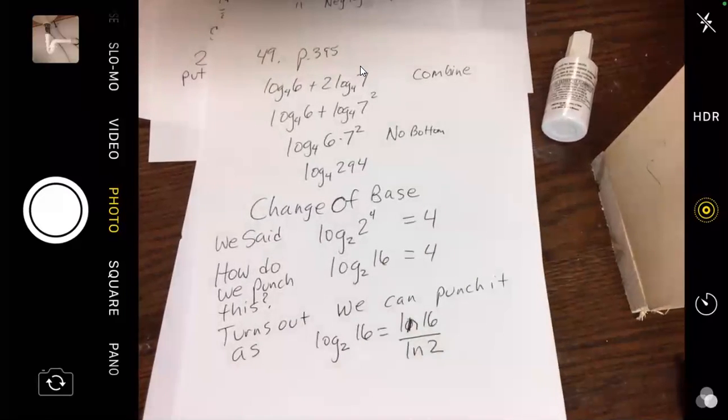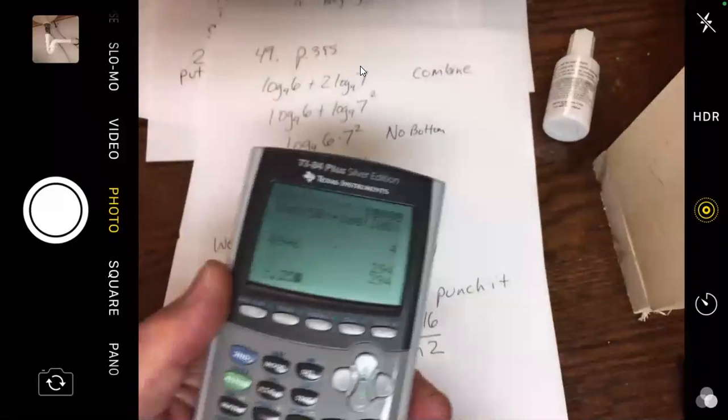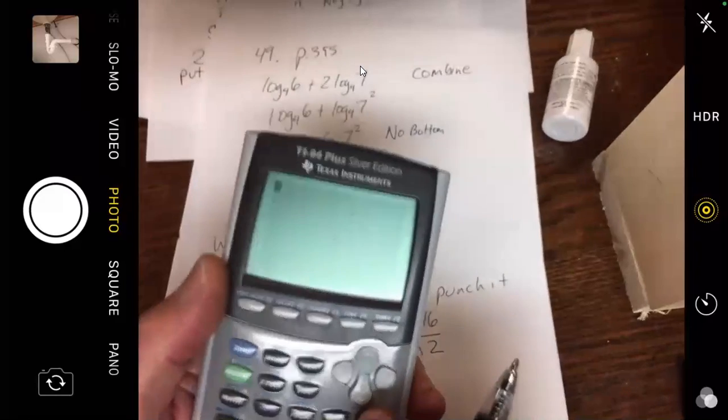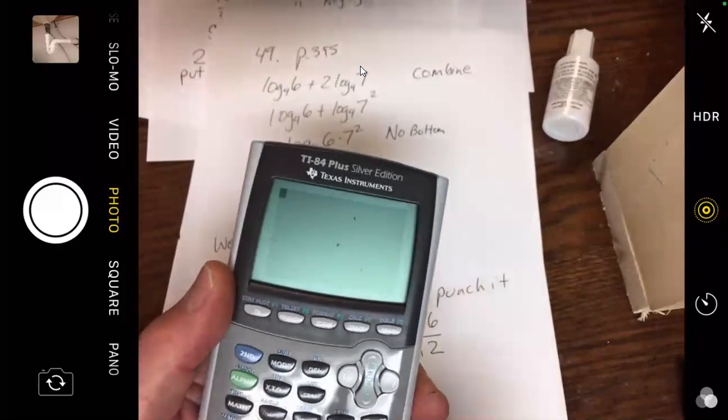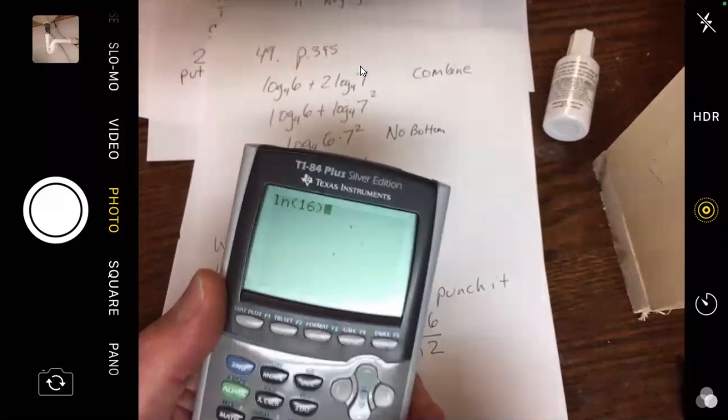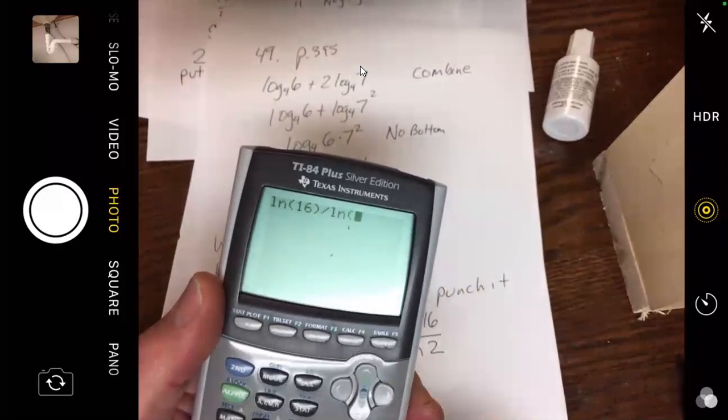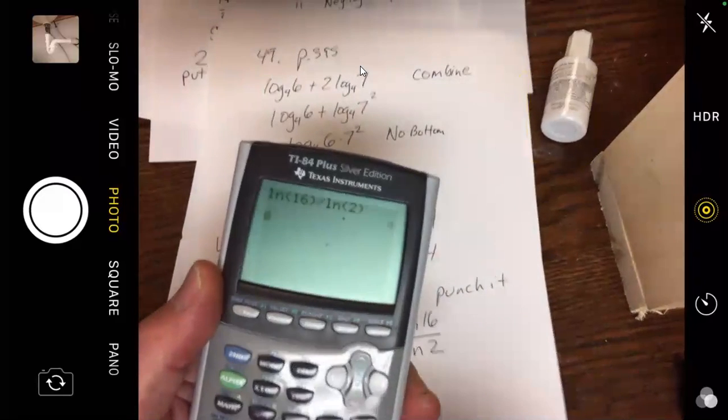So I'm going to punch it. If we don't get 4, I'll quit on the spot. ln 16 divided by ln 2. There's our 4.